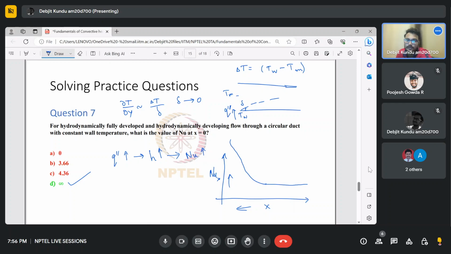So for, let's say, this case where we have constant wall temperature, it would finally tend towards 3.66. But at exactly x equal to 0, this Nusselt number would actually be infinity. Am I making sense? Any questions regarding this?